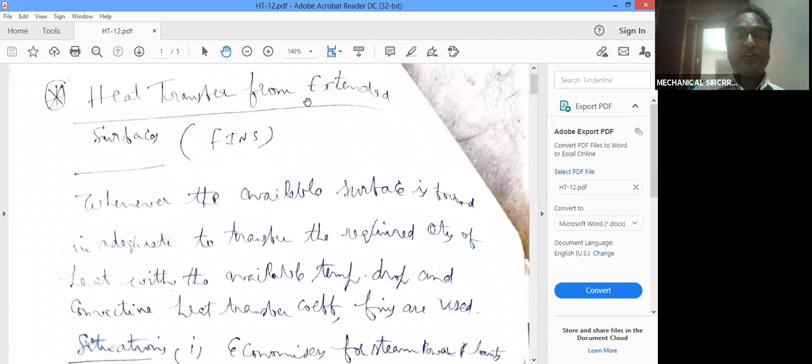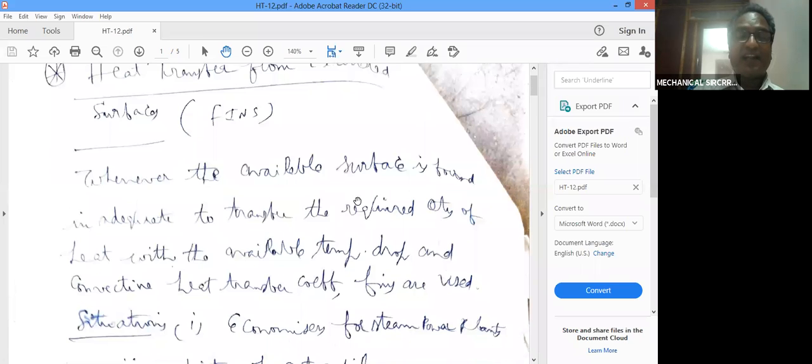If you observe a two-wheeler, scooter, or your Hero Honda motorcycle, and look at the engine, aluminum fins are provided on the cylinder head or the cylinder.